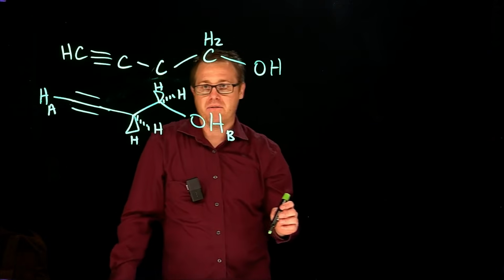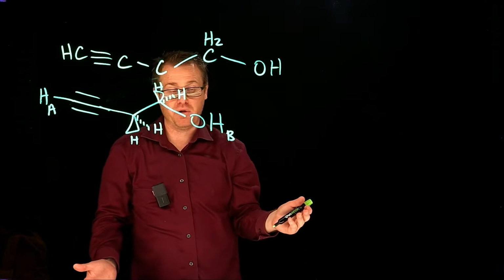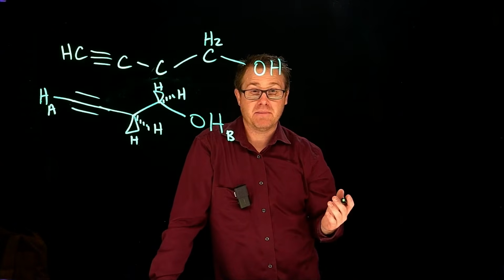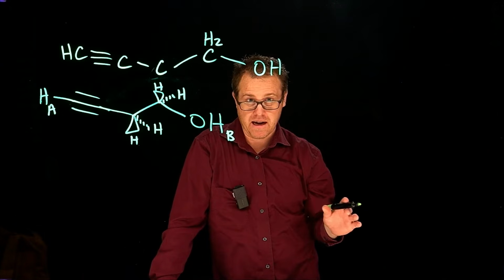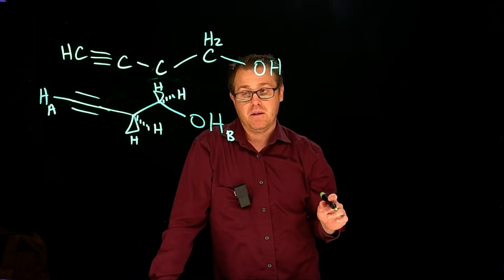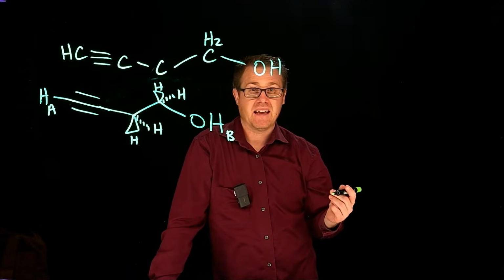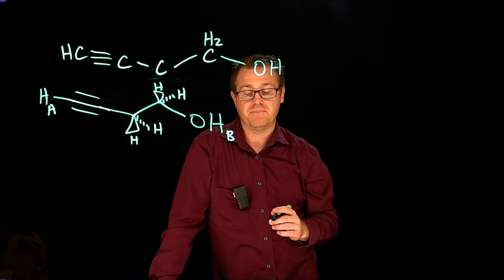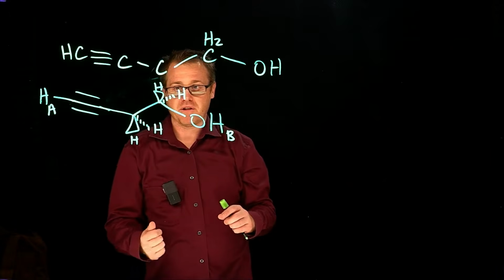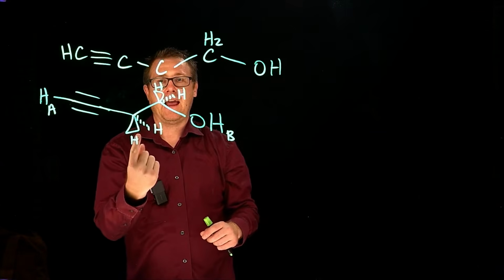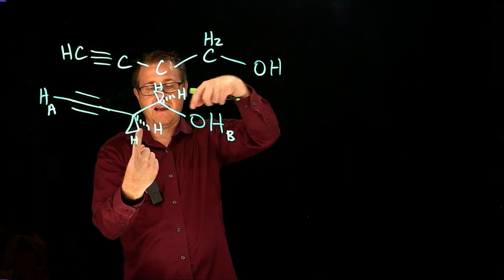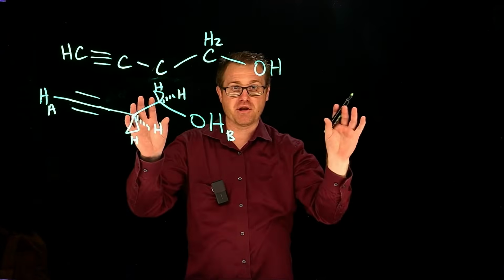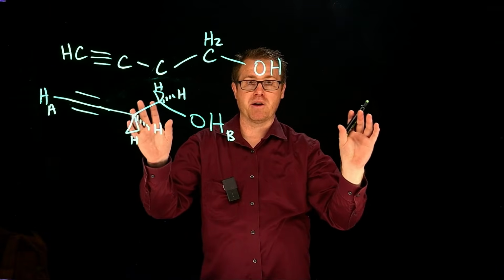Now we have 4 hydrogens that we have to discuss, and doing the replacement test takes a long time. And so symmetry arguments are very efficient in helping us do that. So what we first look at, I pick an axis of rotation, and if I can rotate the molecule 180 degrees, do the two versions look the same or not?